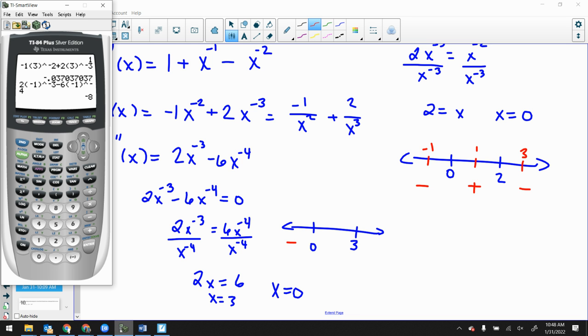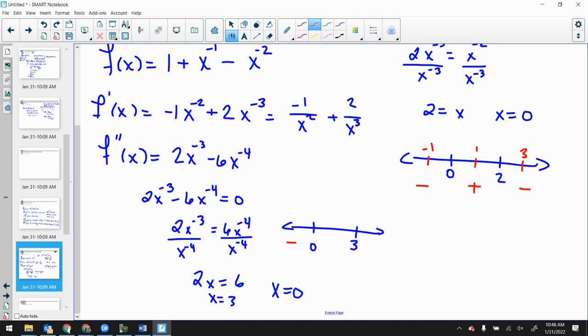So 2 times 1 to the negative third minus 6 times 1 to the negative fourth. Ooh. Weird. Spoiler alert, the next one's positive. To save time, just trust me. That one's positive. Okay, so that tells me everything I need to know.